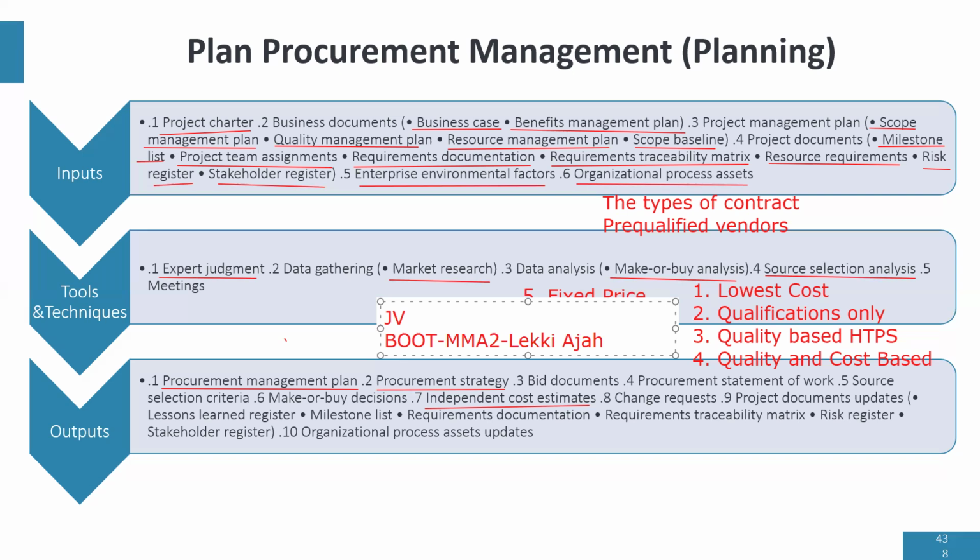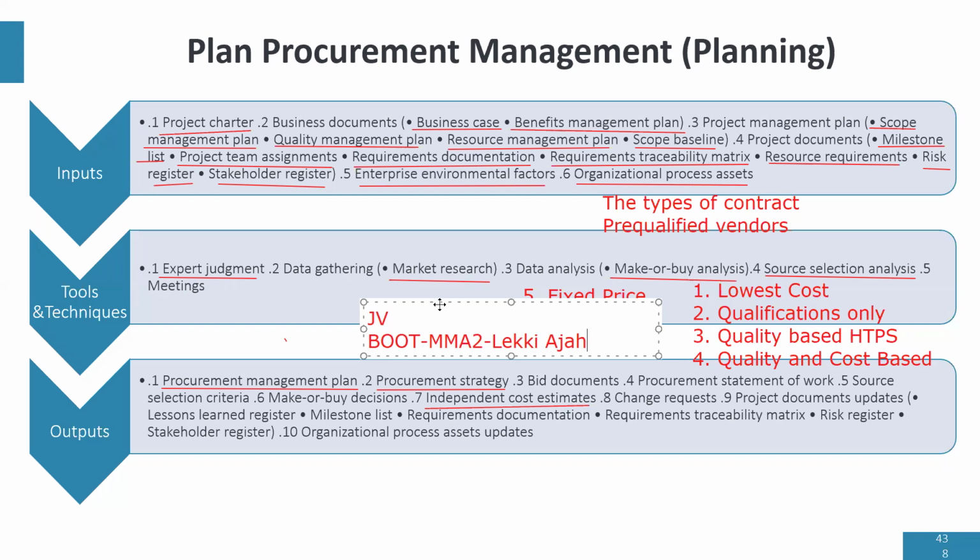BOT is where a private company will come and build infrastructure mainly for government, but it doesn't have to be for government. One of the infrastructure is the airport. MMA2 is an airport besides our local airport in Lagos, right?